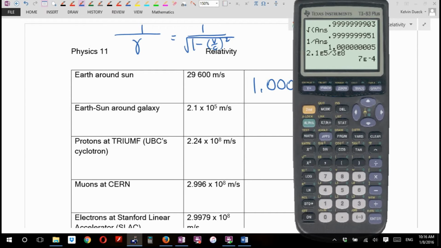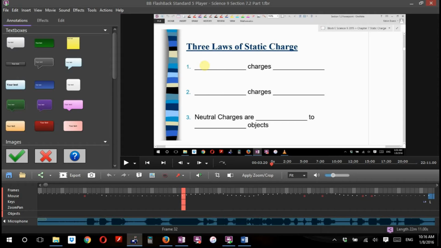Divide by the speed of light squared. 1 minus that. Square root of that. And then 1 year divided by that time dilation factor, and whoop.